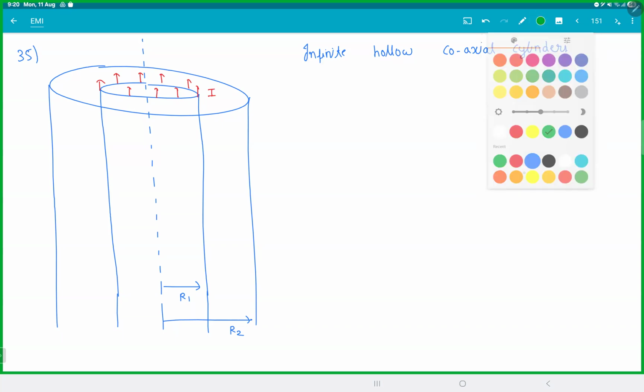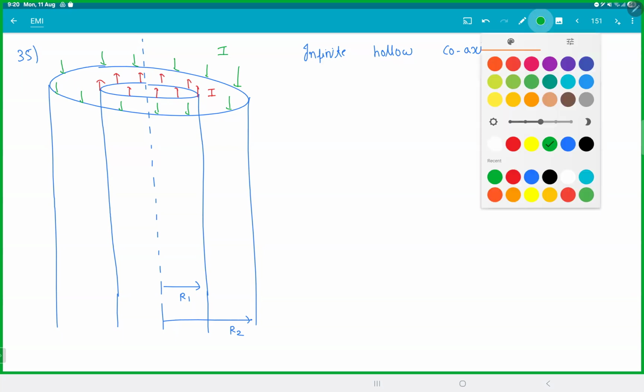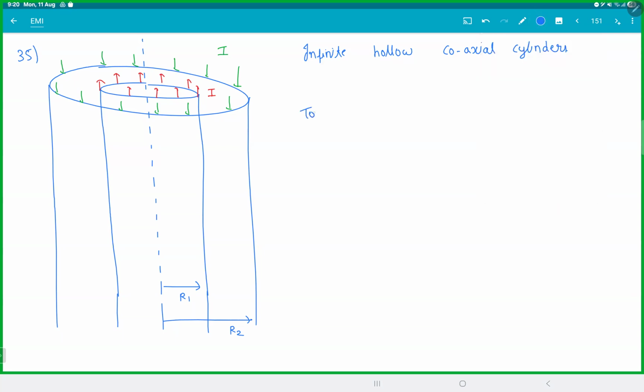So it goes to infinity, it takes a turn and comes back here. So if you see the top view, current is coming out here.